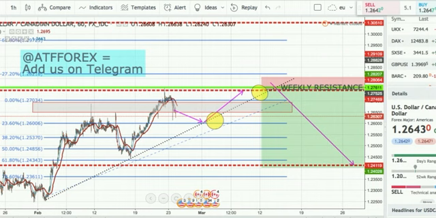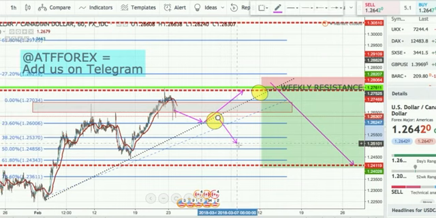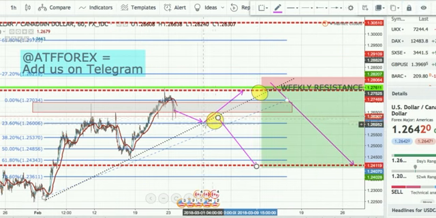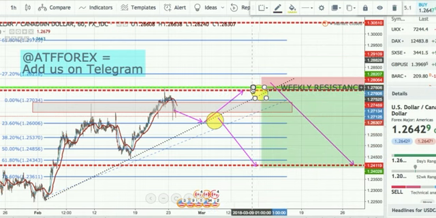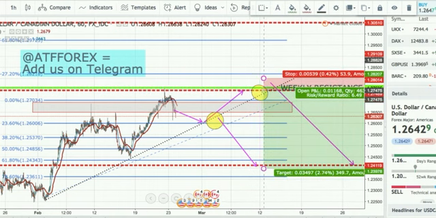Now, there's going to be two scenarios. Even though we are confirming that we are going to be going short on this pair, we'll either get a break of this trend line, a retest at around the 1.2642 level after a few days of consolidation, and then we'll be going straight back down to our 1.24, or we'll see a bounce off this trend line, but then another spike up into the weekly resistance that we've got highlighted right here, and then we'll actually be taking a short.